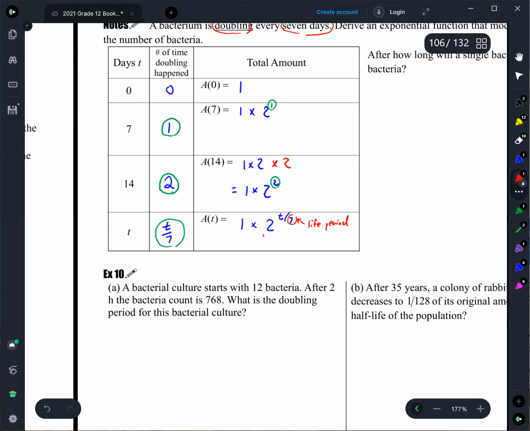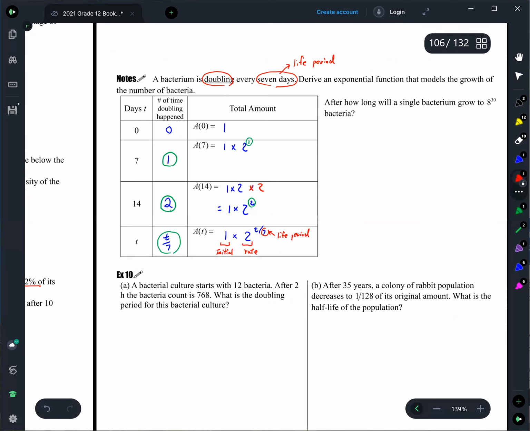This 2 is still called the rate, except this time the rate is double. Double is 200%. So you don't use the 1 plus or 1 minus because they don't give you a percentage. They tell you it's double. This one is your initial. So there is our formula for this question. Can you raise your hand after you copy this down?